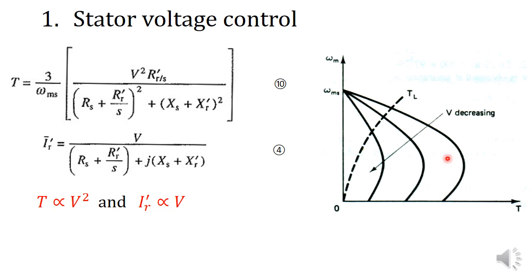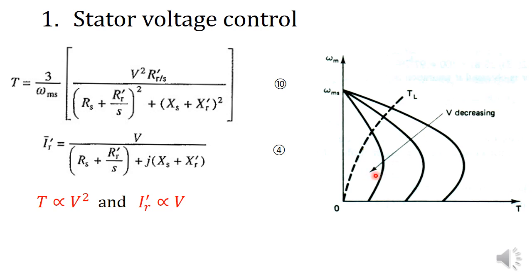Again, we have another curve shown here. This is the torque speed curve of the same induction motor for a lesser value of applied stator voltage. Again, the voltage is reduced. So as we go from right to left, the voltage is decreasing.